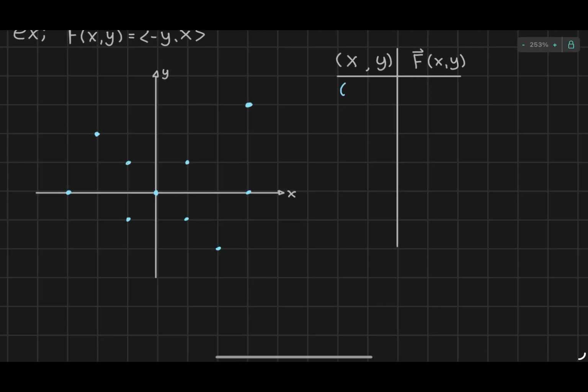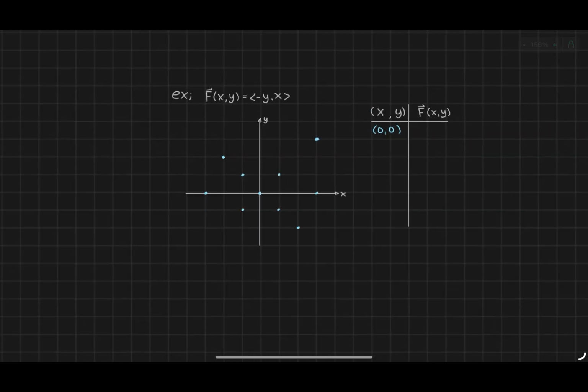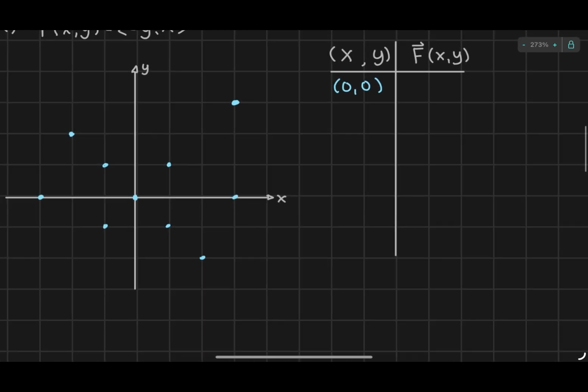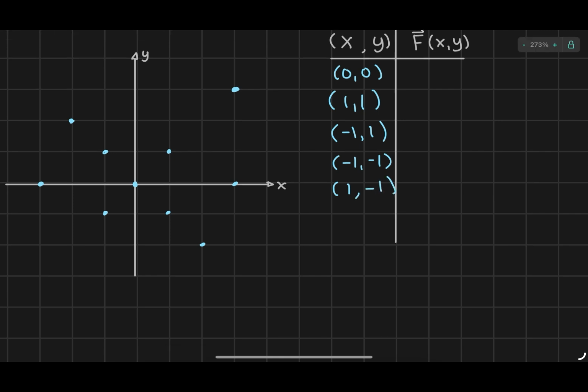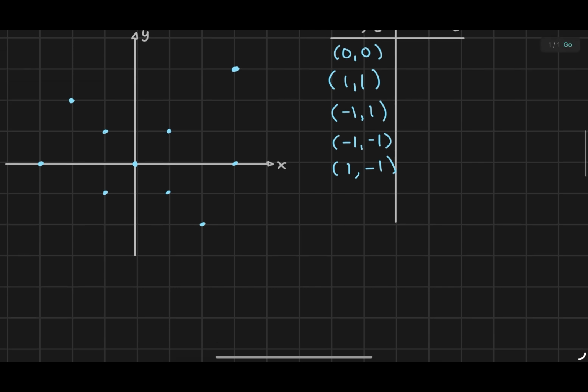Well, we have 0, 0. Oh, did I change my color coding? I did. We flipped it. That's okay. We're going to have 1, 1, negative 1, 1, negative 1, negative 1, and 1, negative 1. That center point is done there. And then it looks like we had 3, 0 and negative 3, 0. We had 2, negative 2, and 2, negative 2.